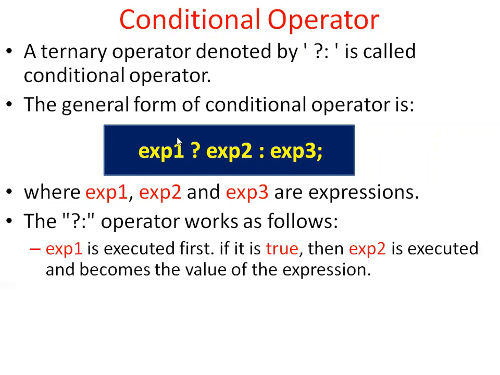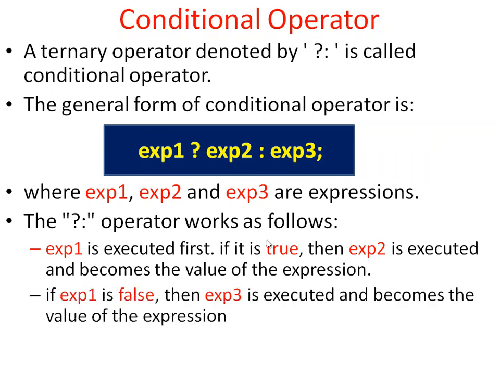First, expression 1 is evaluated. The value of expression 1 is calculated. If this value is true, then expression 2 is executed, and the value of expression 2 becomes the value of the expression. If expression 1 is false, control jumps to expression 3, which is after the colon here.